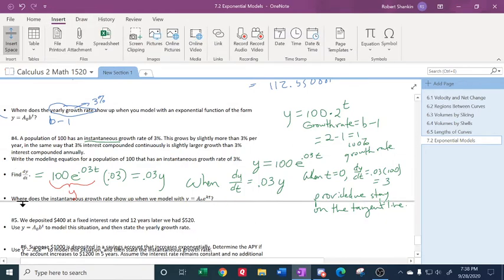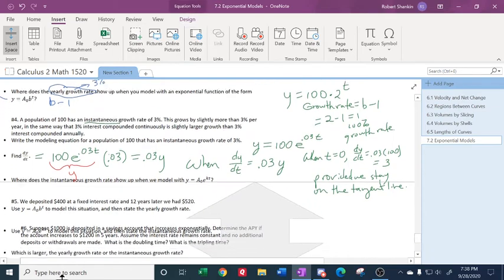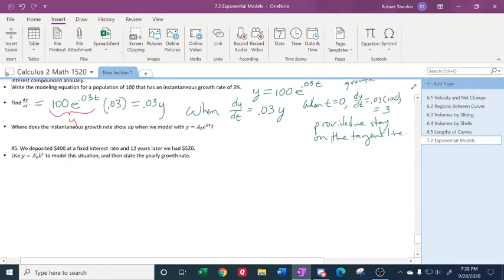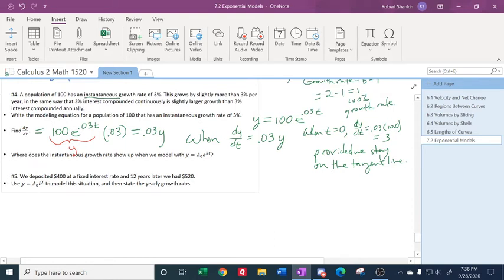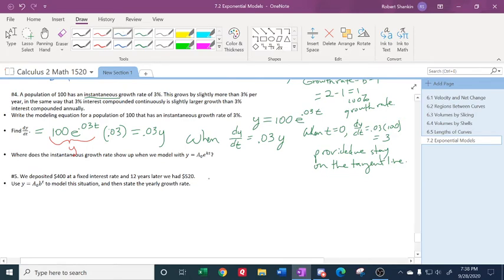So let me get some extra space in here. We know the curve would look a bit like this. It starts out at 100, and it's going up like this. And after a while, it's going to get steeper and steeper.